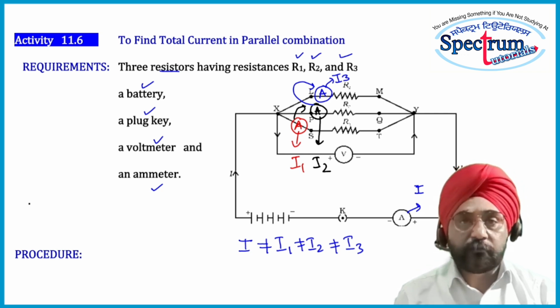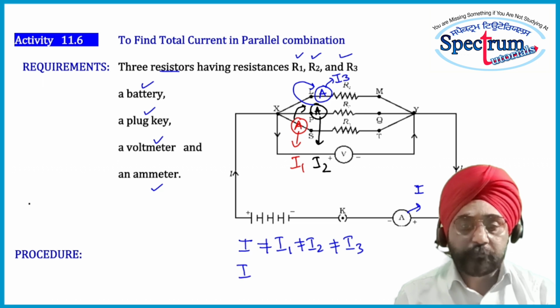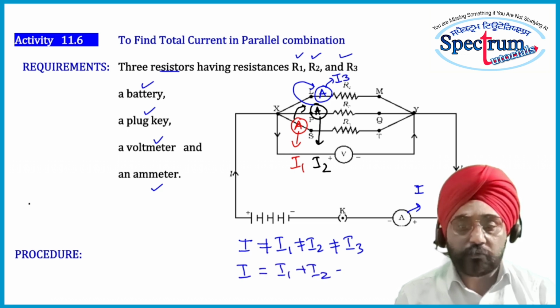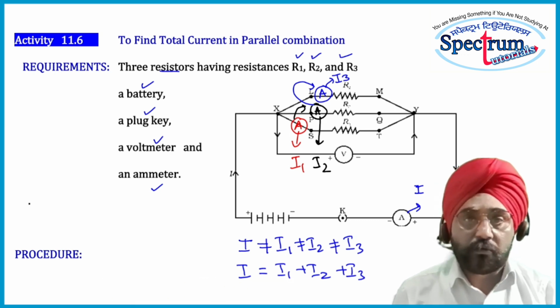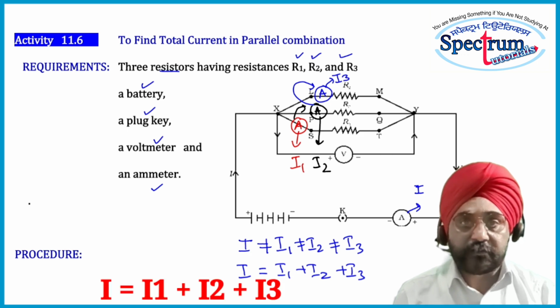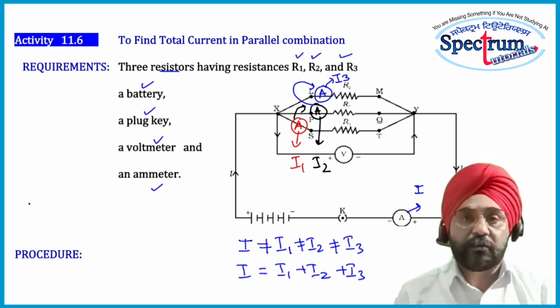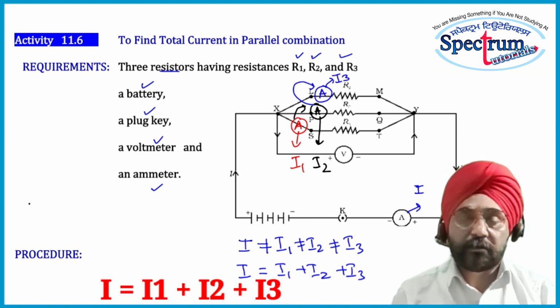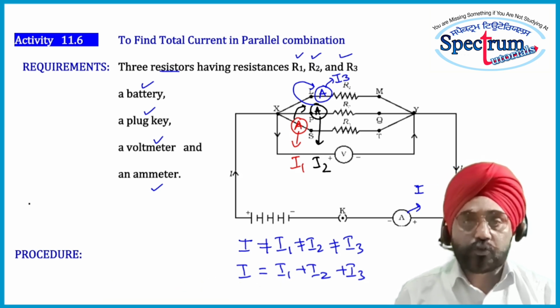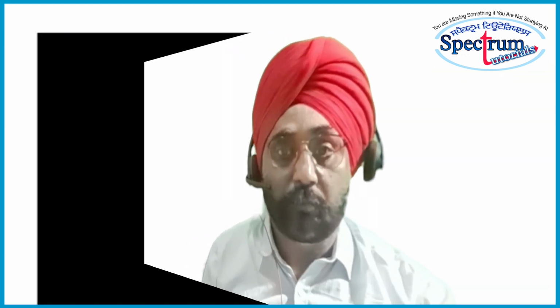On careful observation, we find I equal to sum of these values, I equal to I1 plus I2 plus I3. So we find that total current in the circuit remains the same, and at the various resistors connected in parallel, the current gets divided through different resistors. The total current in the circuit remains the same.